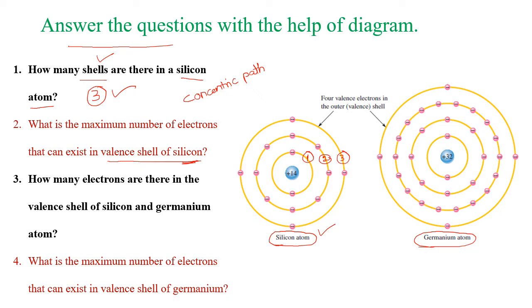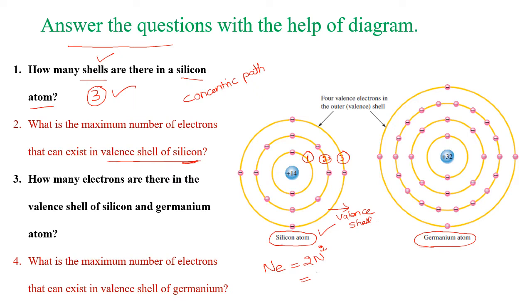This is the valence shell, the third shell. We have to find the maximum number of electrons, and we know the formula: Ne is equal to 2 times n to the power 2.